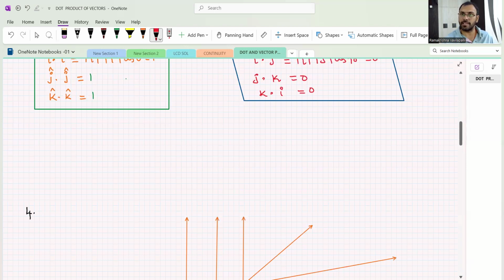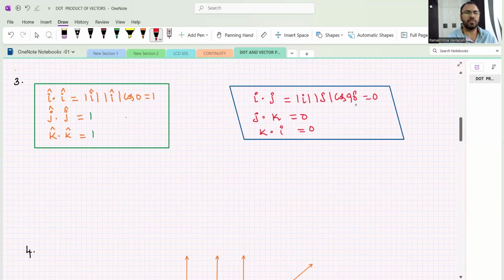Now I'm going to explain a few properties of this dot product of vectors. Before that, I'll write a few things: λA bar dot μB bar, we can write that as λμ into A bar dot B bar.